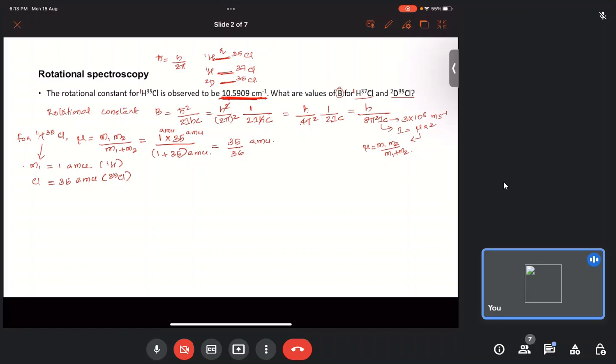Now we have to calculate how much this is in kilograms.